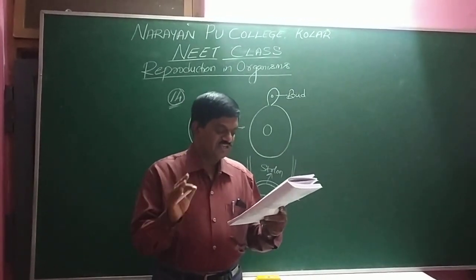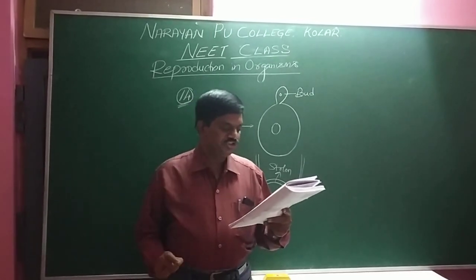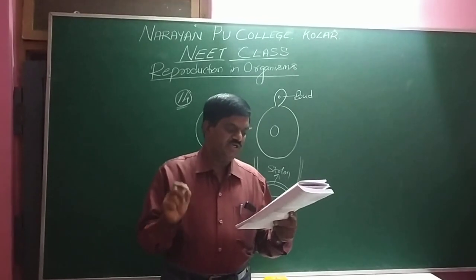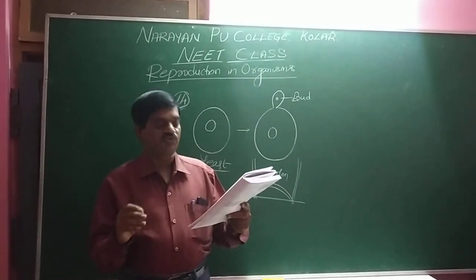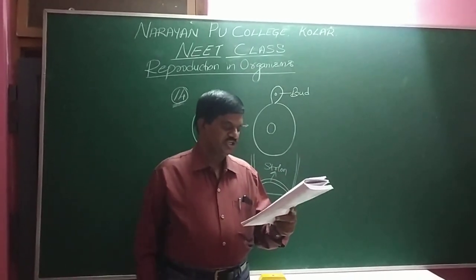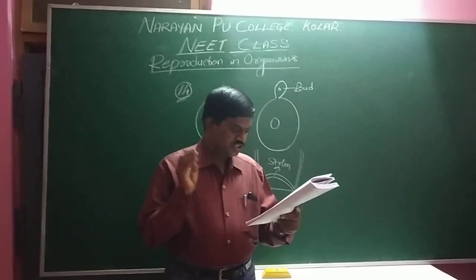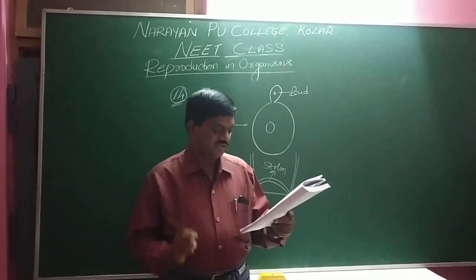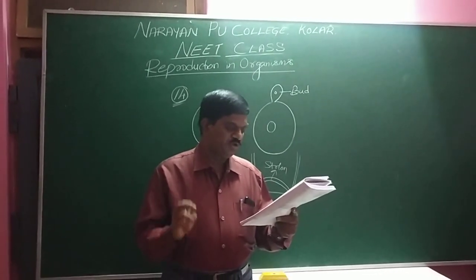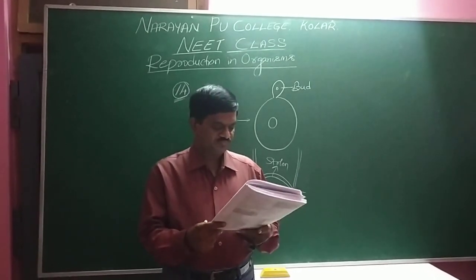The first and third, coconut and tapeworm, come under monoecious. Dioecious is papaya and earthworm. So second and fourth, papaya and earthworm, come under dioecious. So here in the 4 options, the third option matches it. So the third option is right. We'll go for the next question.